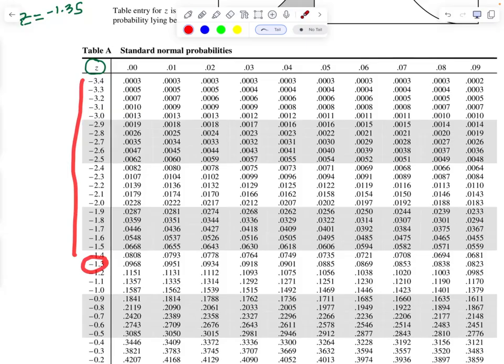So it's 0.0885. You just write those answers. Example, the area equals 0.0885. Here, 1.35, which would give me right here.